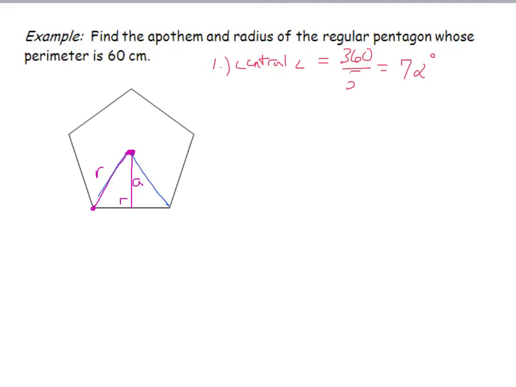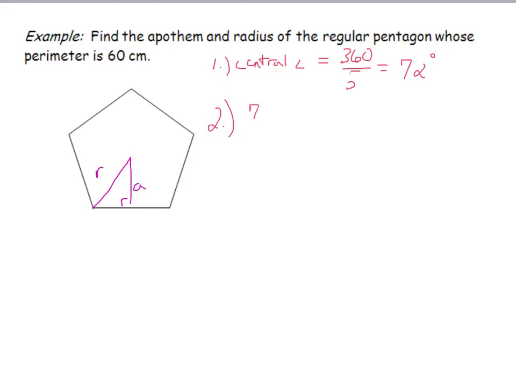So if that whole angle is 72 degrees, let me quickly get rid of all of that so I know I'm only working with half the triangle. I want to find half of that whole central angle.